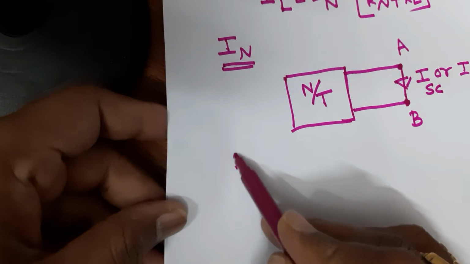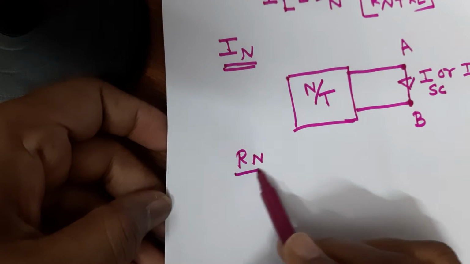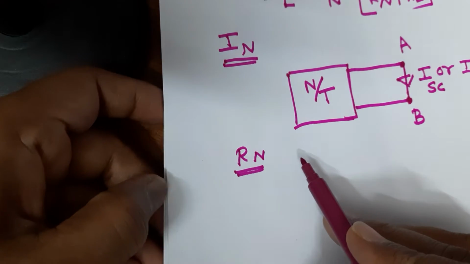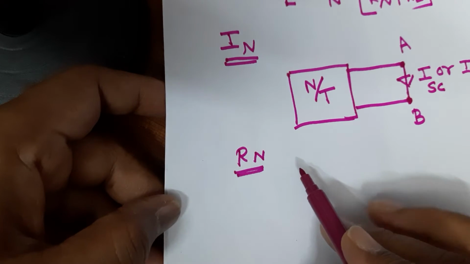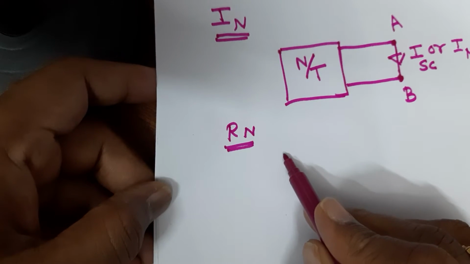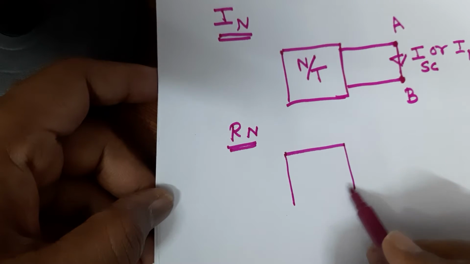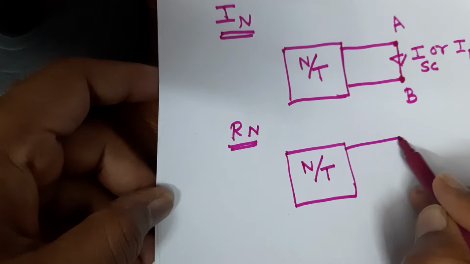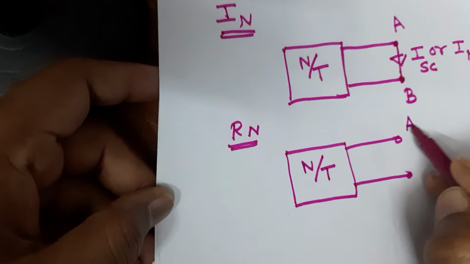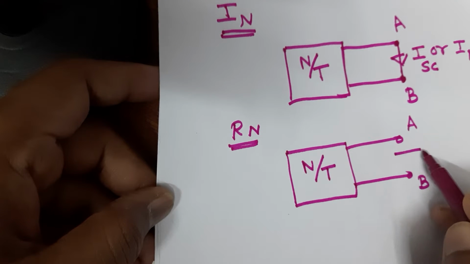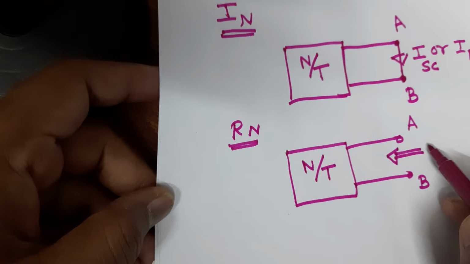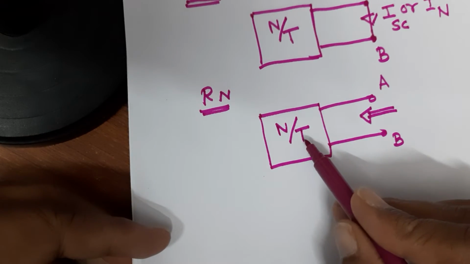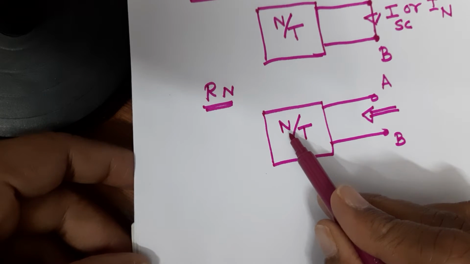Similarly, the Norton resistance is found just like how we found the value of Thevenin's resistance; it is the same procedure. We take the network again, and from the two output terminals we have to view into the network. As explained, while viewing there should not be any sources in the given network.